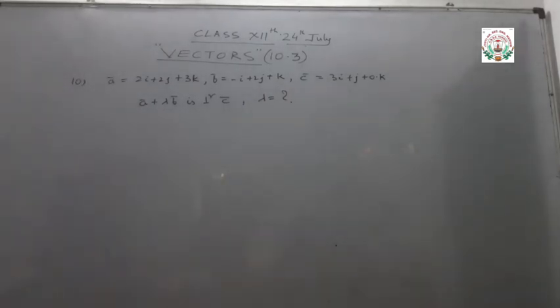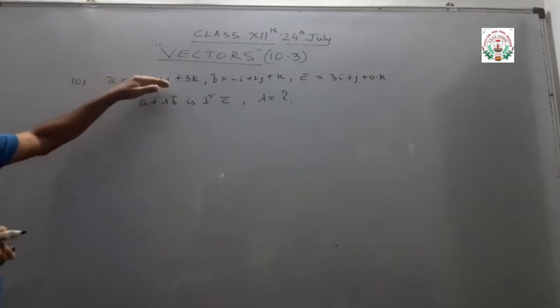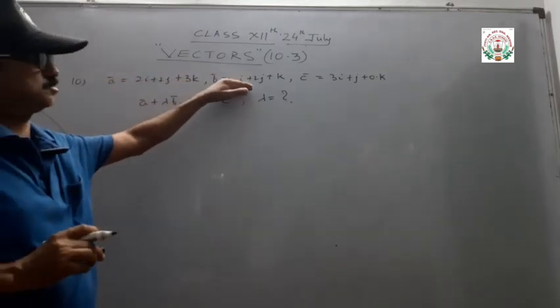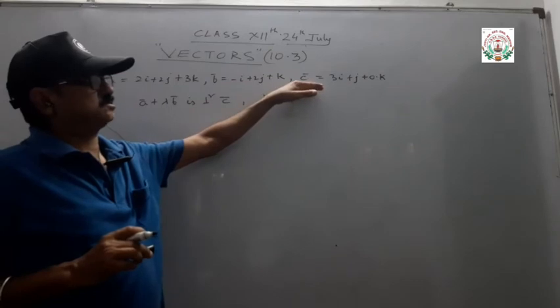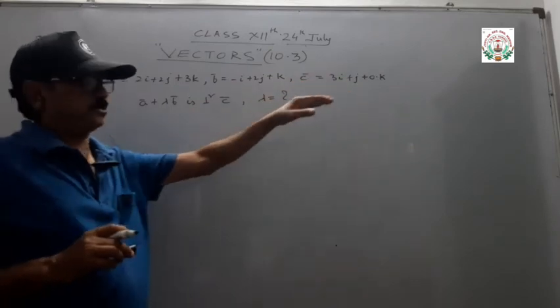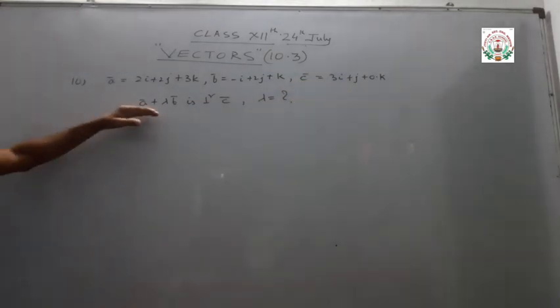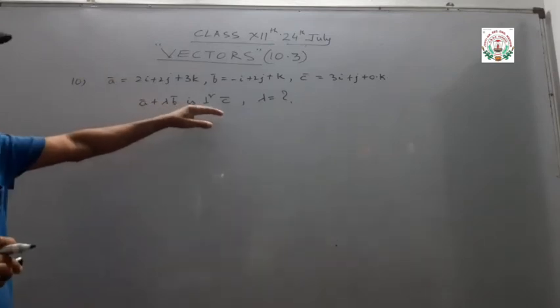So here three vectors are given to us: vector A is 2i plus 2j plus 3k, vector B is minus i plus 2j plus k, vector C is 3i plus j plus 0 into k, and A vector plus lambda B vector is perpendicular to C vector.